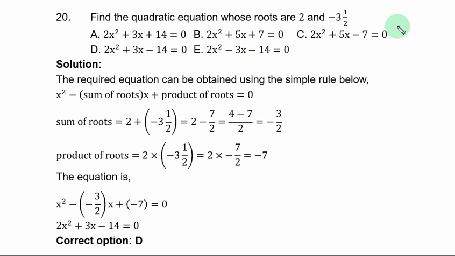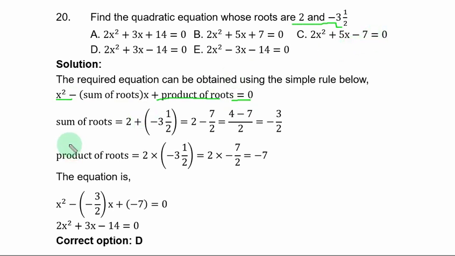Question 20. Find the quadratic equation whose roots are 2 and minus 3 whole number 1 over 2. Solution. The required equation can be obtained using the simple rule below. S squared minus sum of roots times S plus product of roots equal to 0.